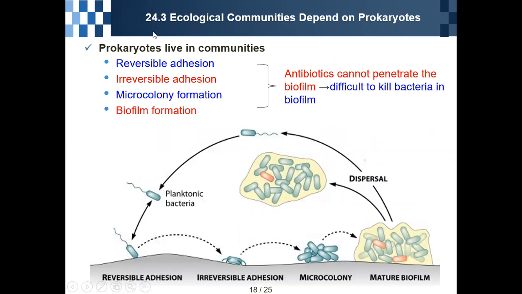Now we will cover the third subject: ecological communities depend on prokaryotes. Usually prokaryotes live in communities. Prokaryotes bind to a surface. First they do reversible adhesion, which means they can attach or adhere to the surface, but they can detach.